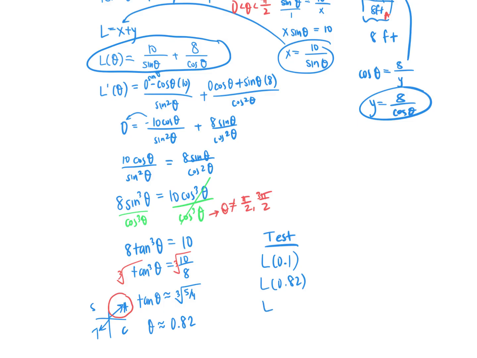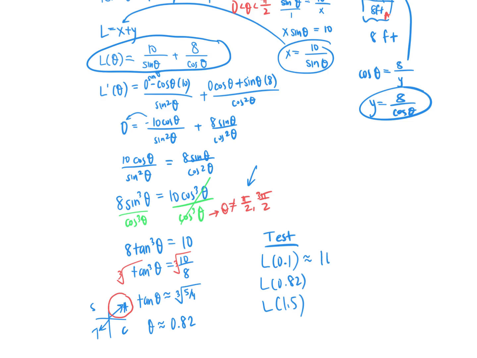And again, with pi over 2, not going to do it because, number one, it was a restriction from there, but also cos of pi over 2 is 0. So pi over 2 is 1.57 or something like that. So I'm just going to test 1.5. It's close-ish. And then I'll just go to my calculator and do 10 over sine 0.1 plus 8 over cos 0.1.